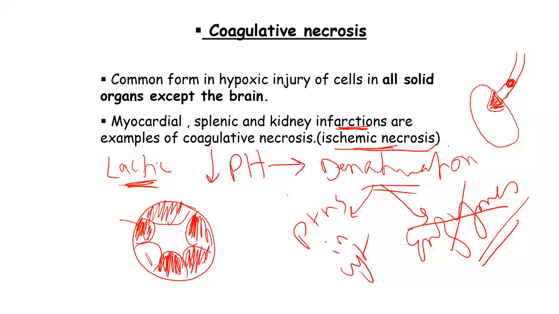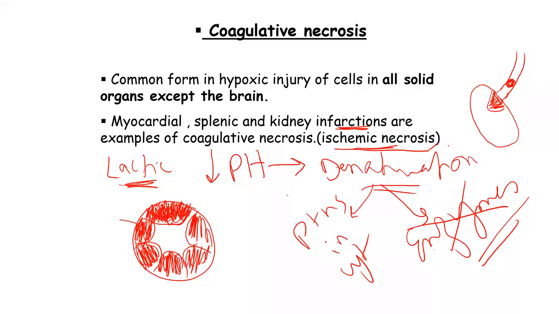At the same time I'm losing the endoplasmic reticulum, losing ribosomes, losing the nuclei by karyorrhexis or by karyolysis. So I'm losing part of the basophilia of the cell, and so the eosinophilia increases more at the expense of the basophilia.